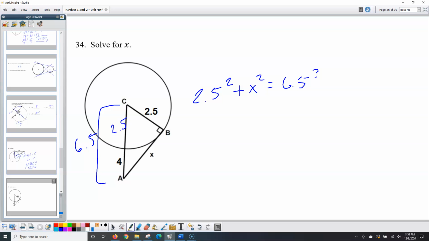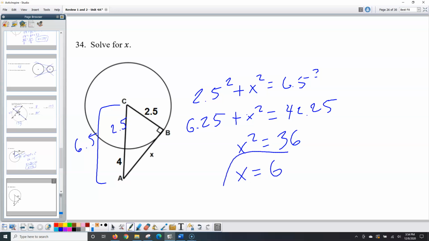And 2.5 squared is 6.25 plus x squared equals 6.5 squared is 42.25. So I'm going to subtract that over. That would be, I believe, 36. So that means x equals 6 right there.